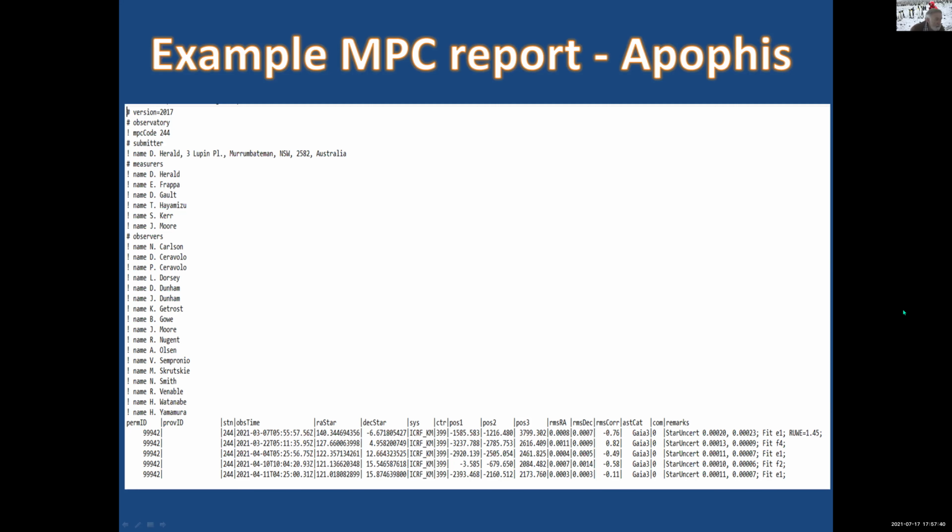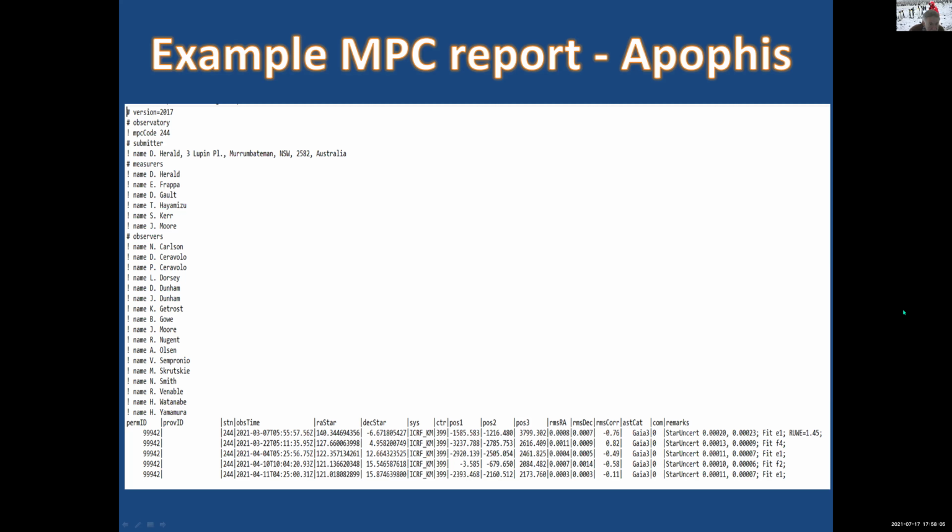This is what typically goes to the Minor Planet Center. Just going through it roughly, at the top left, there's some stuff there. MPC code 244 is our observatory code. Submitter is me, I'm generating the report. The measurers are the regional collectors. Then you see the observers.